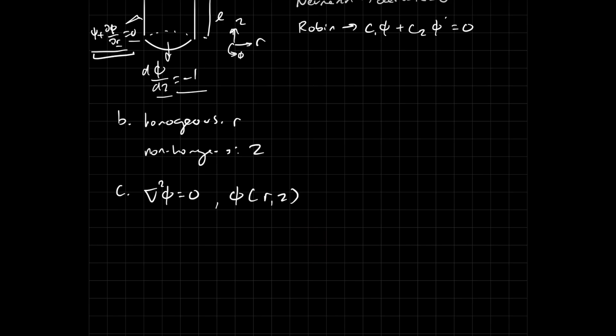It's only dependent on r and z. So then we can set this equal to something like R of r and Z of z. It's usually common practice to make the function the capital letter of the variable you're solving for, just so that it's easy to follow.